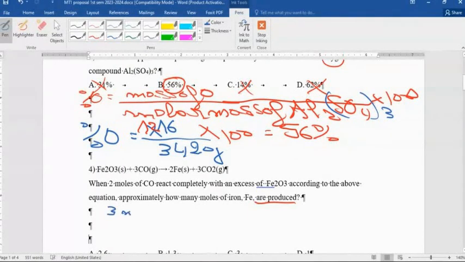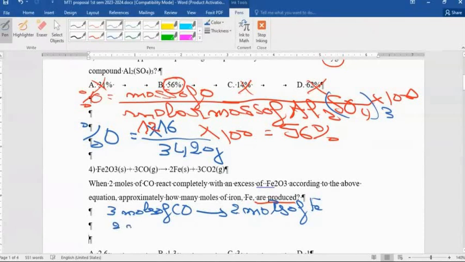3 moles of carbon monoxide produces 2 moles of iron. This is from my balanced chemical equation. How many moles do I react?